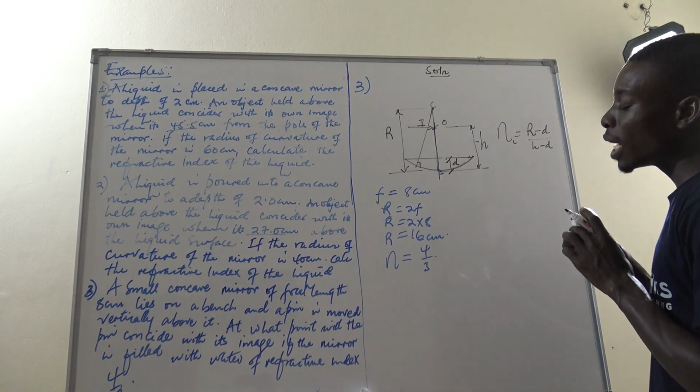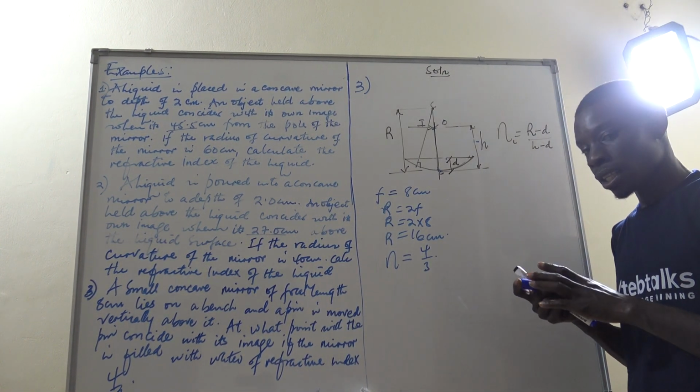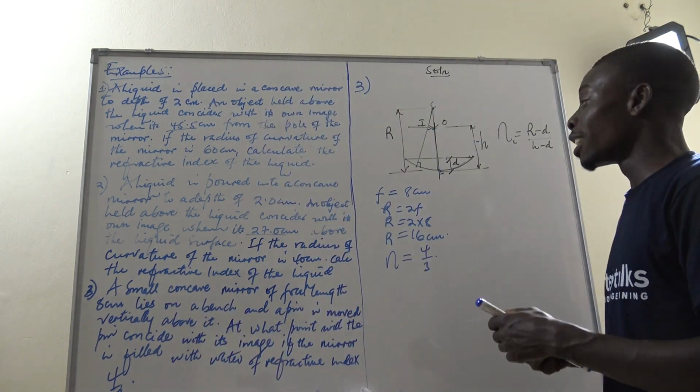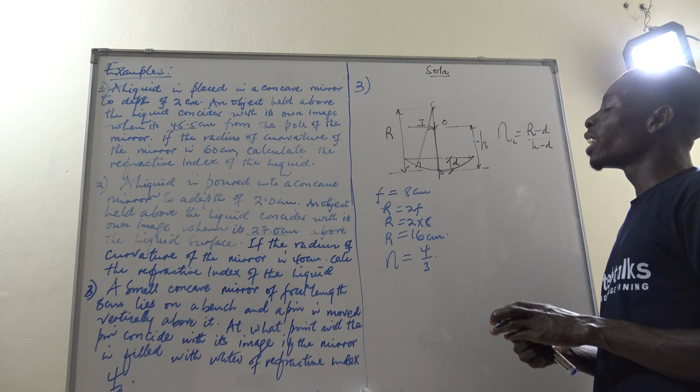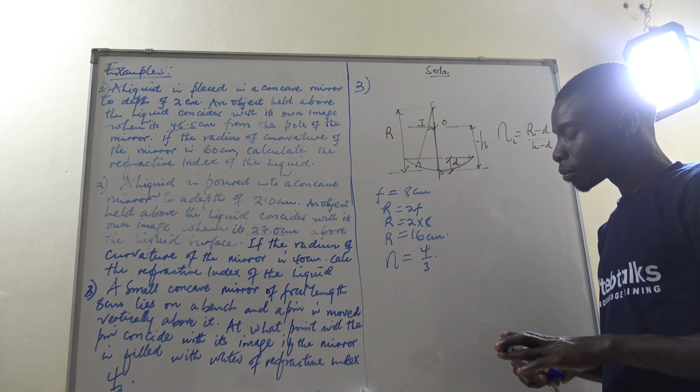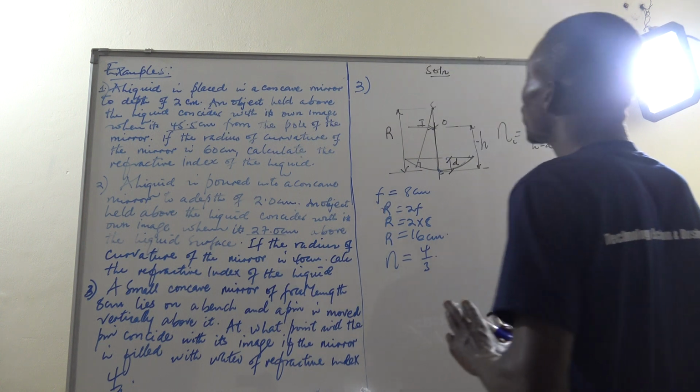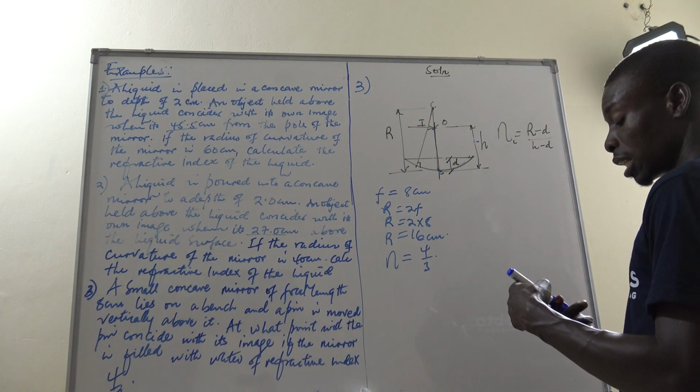You will realize one thing, that in all this statement here, we were not given the depth of the liquid, isn't it? And if the depth of the liquid is not given, then that means that we should ignore it as being small.